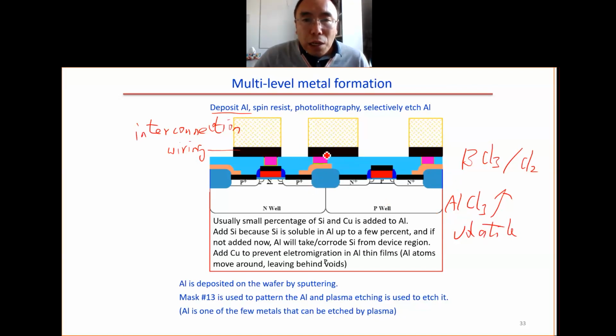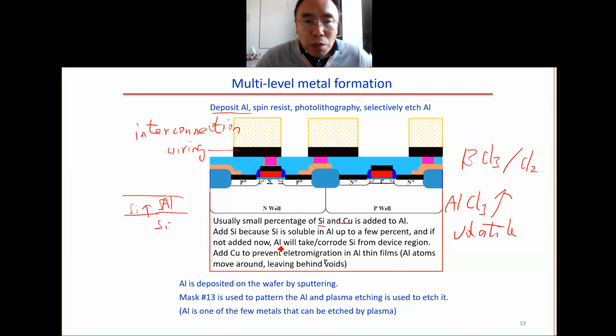Usually the aluminum is not pure aluminum. We add a small percentage of silicon and copper into the aluminum. For the silicon: if we have aluminum on top of silicon, then at high temperature the silicon can get into the aluminum.